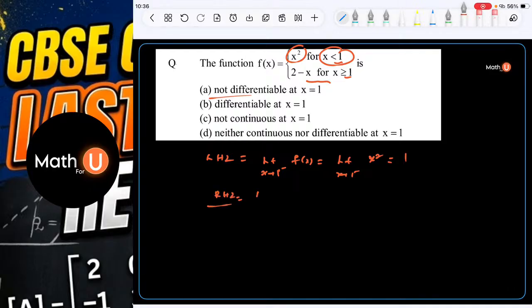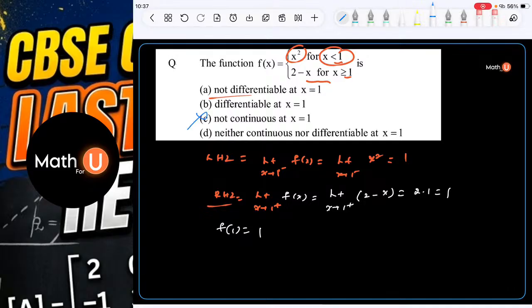RHL, limit x tends to 1 plus f of x, that is equal to limit x tends to 1 plus. Here the function is greater than symbol, 2 minus x. Wherever x is there, replace with 1, we get 2 minus 1 is 1, and the functional value f of 1 is also 1. These three quantities are equal, then it is continuous.